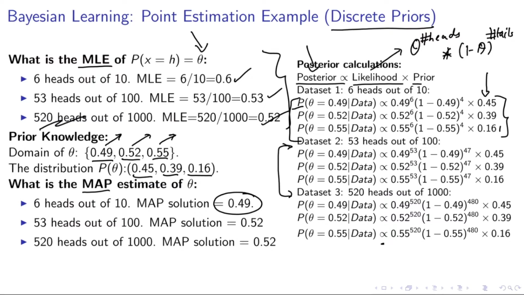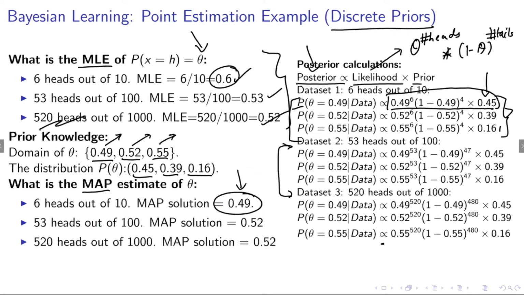What I mean by that is this value is larger than the other two values. So that's why my MAP solution will be 0.49. Compare that to the MLE solution, which was 0.6.